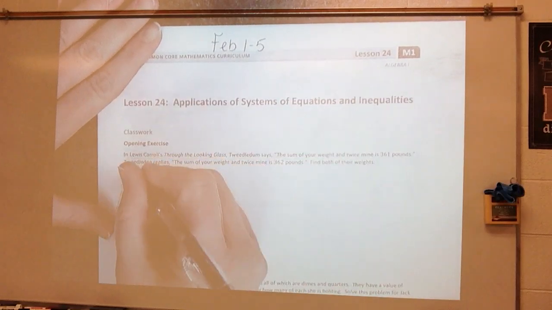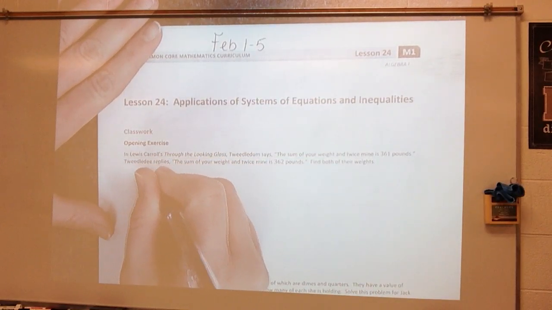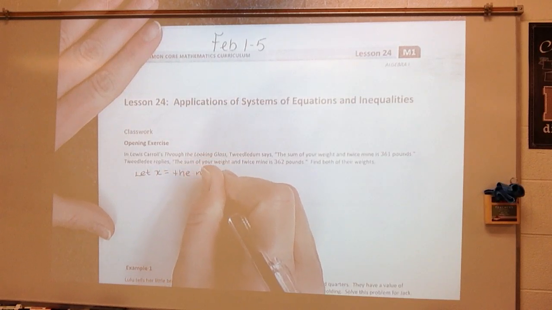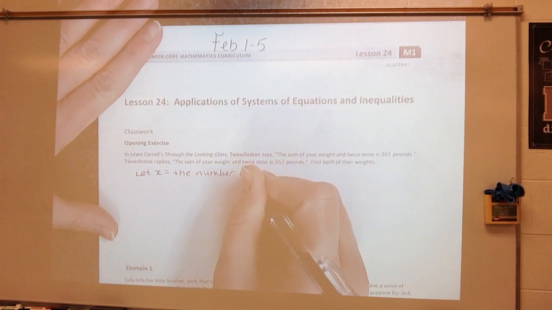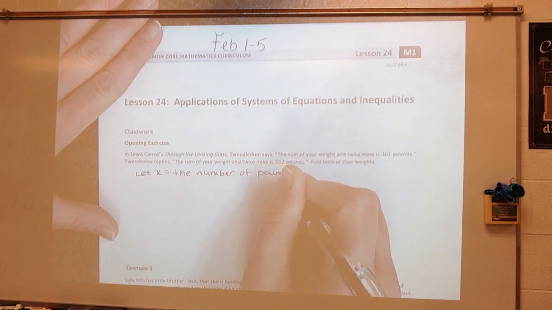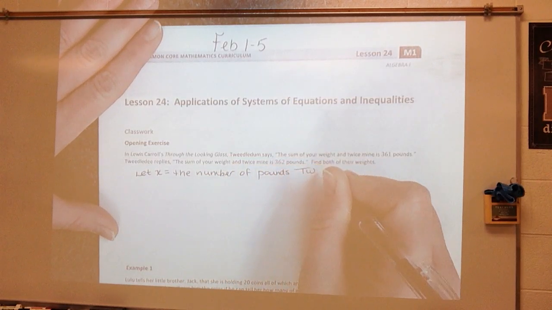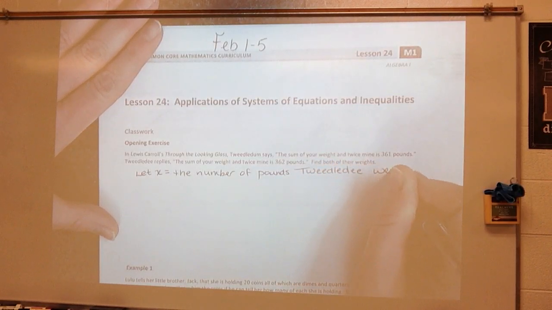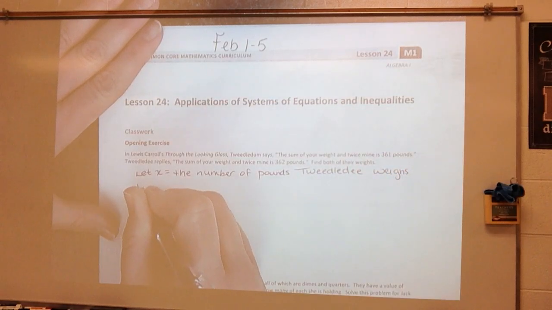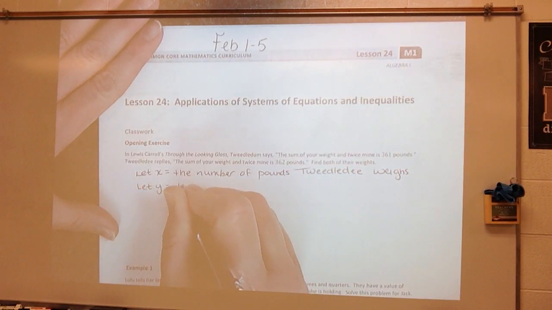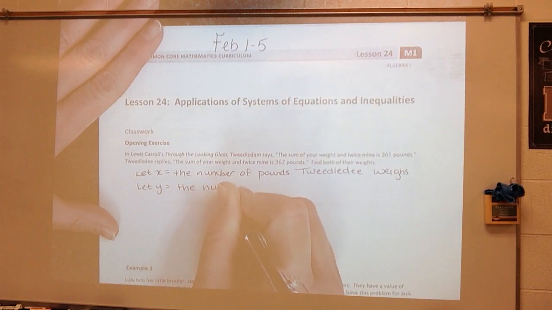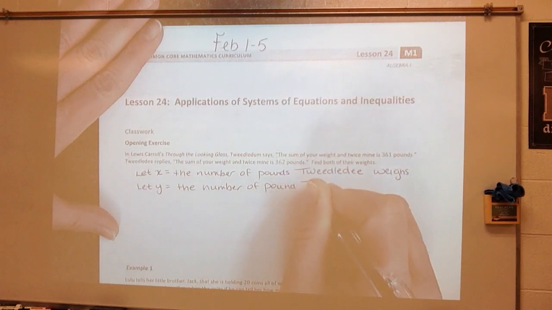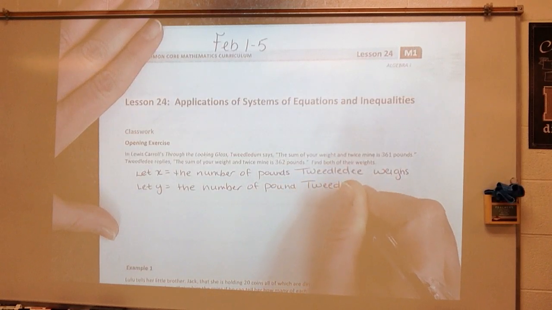So we're going to let x equal the number of pounds Tweedledee weighs, and we're going to let y equal the number of pounds that Tweedledum weighs.